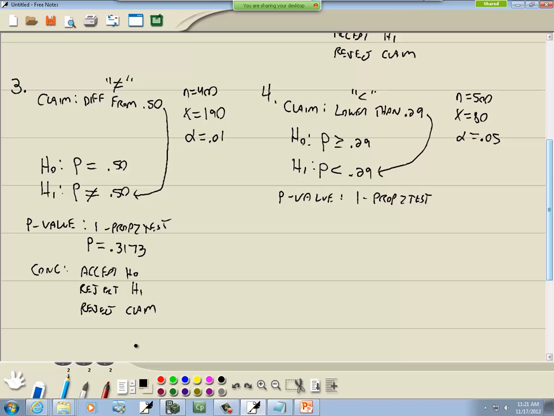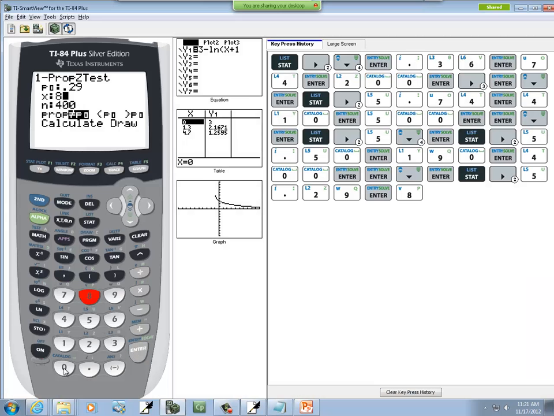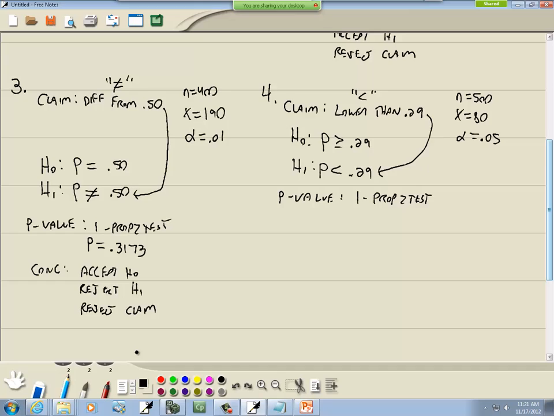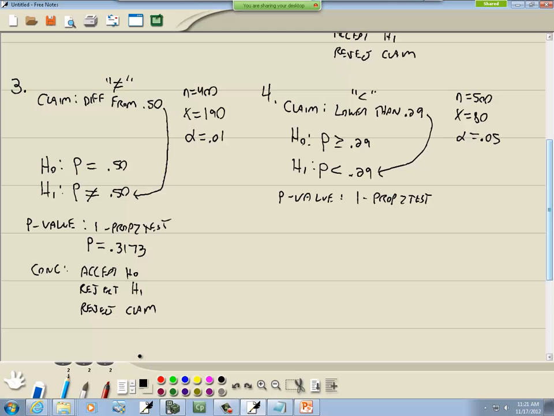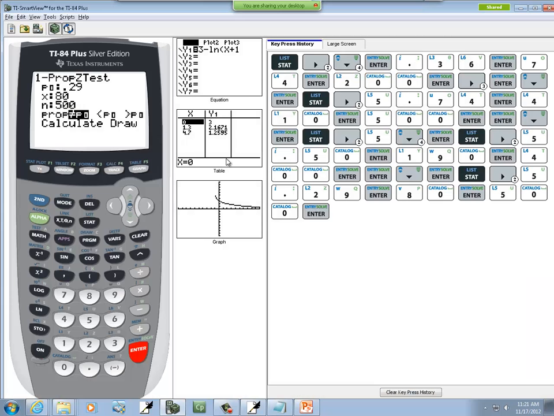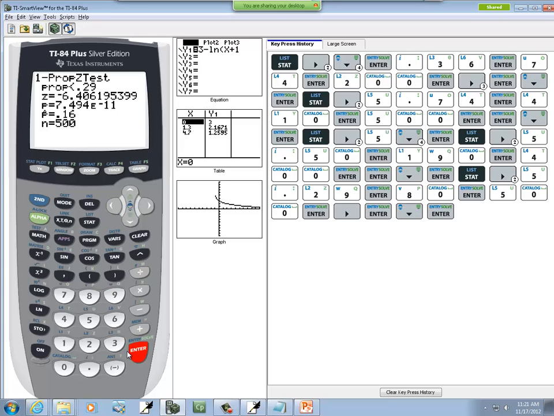X is 80. N is 500. The symbol off of H1 is a less than, so press enter on that. And then I'll go to calculate and press enter.